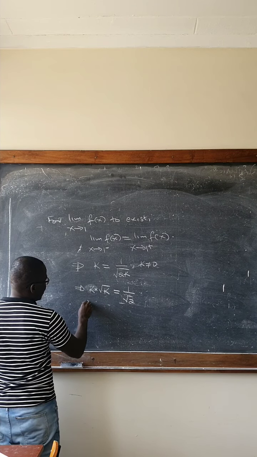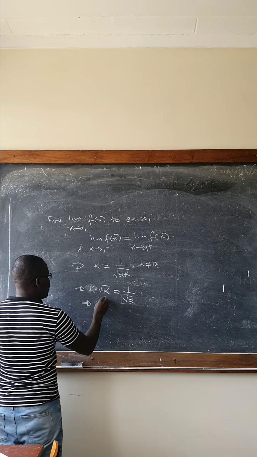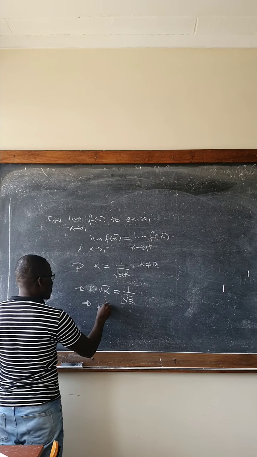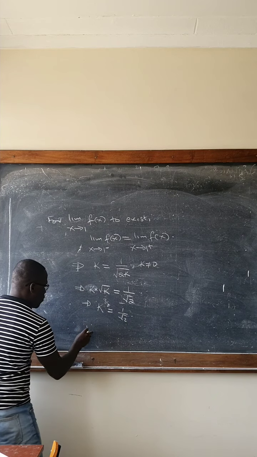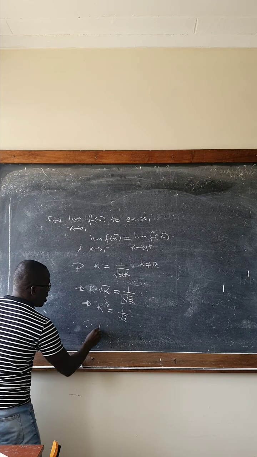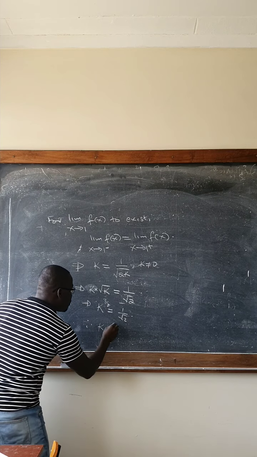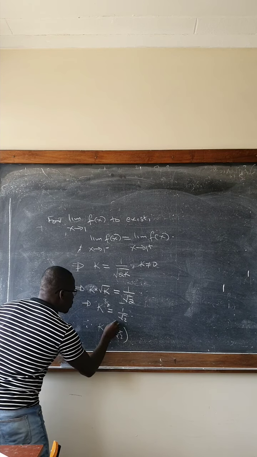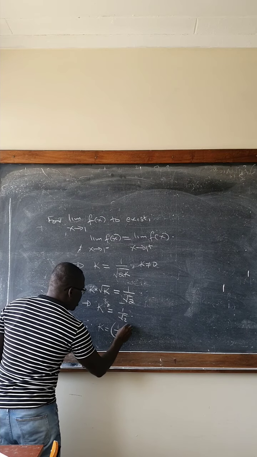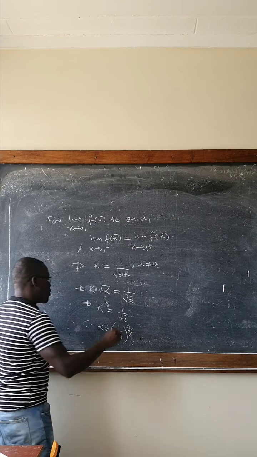Which implies therefore that k to the power 3 over 2 is 1 over root 2, therefore k is going to be 1 over root 2 to the power 2 divided by 3.